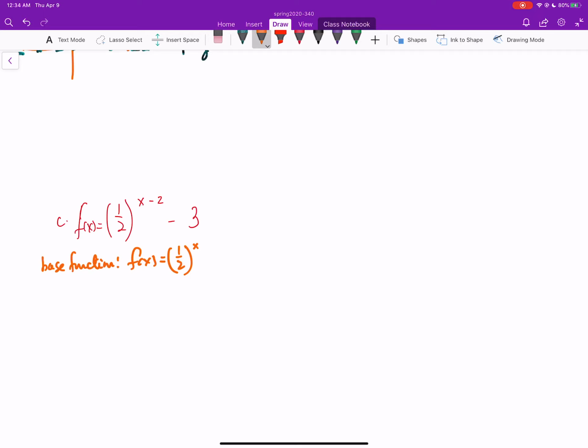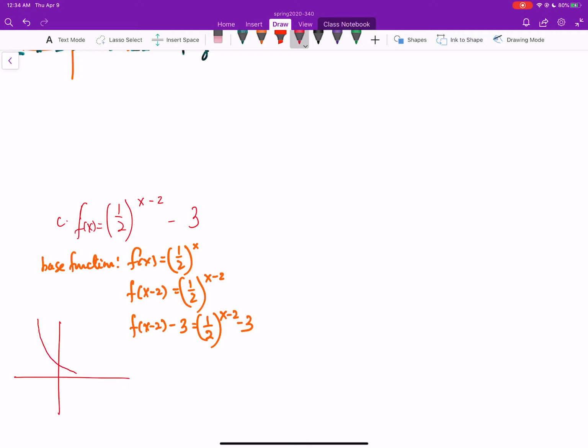I am taking that and I am moving it to the right 2 places. So I get 1/2 raised to x minus 2. And then I am moving it down 3 places. So I have f of x minus 2 minus 3, which is 1/2 raised to x minus 2, minus 3.